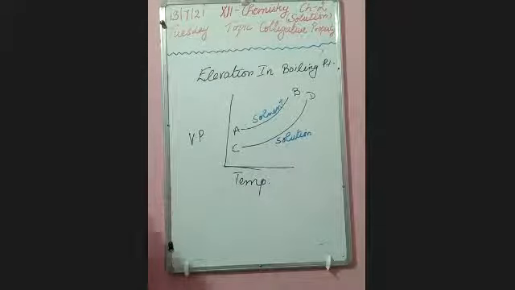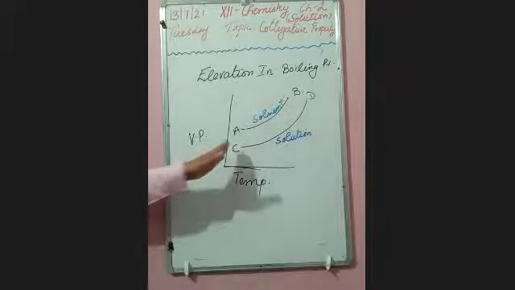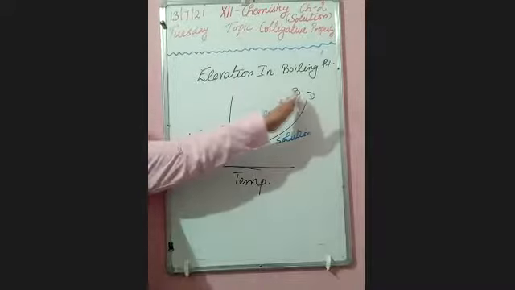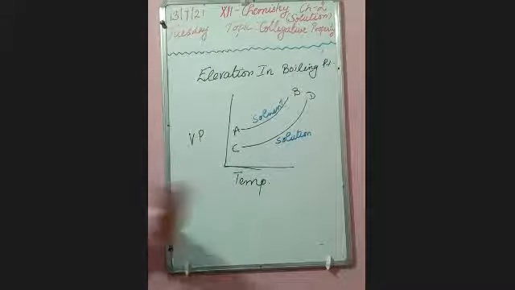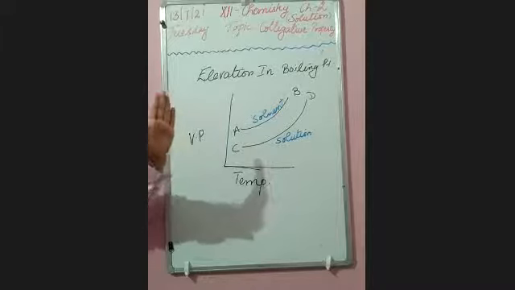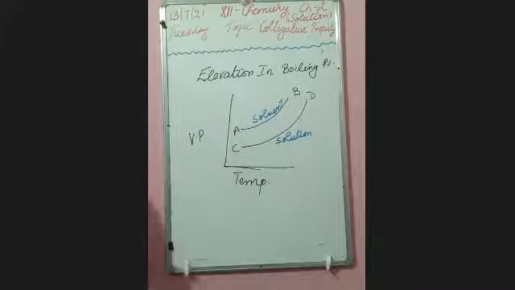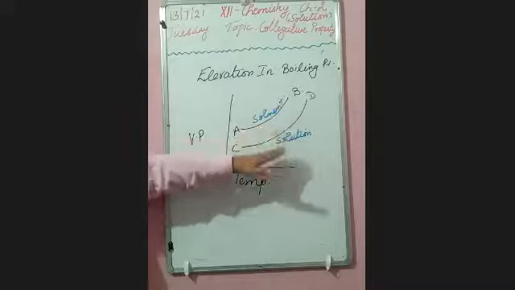So, dear, the vapor pressure of the solvent increases with the increase of temperature. Similarly, for solution also. As at any temperature, the vapor pressure of solution is less than that of the solvent, the curve of the solution lies below the solvent.